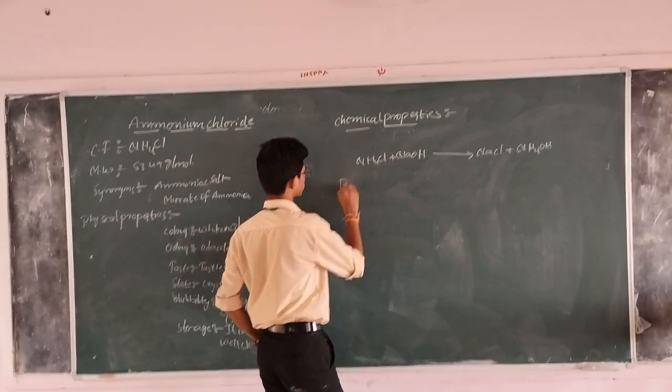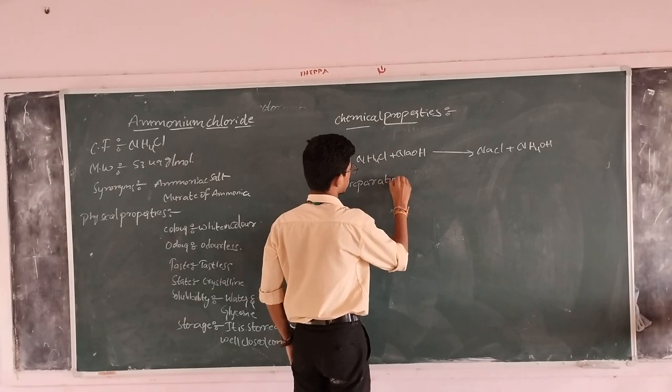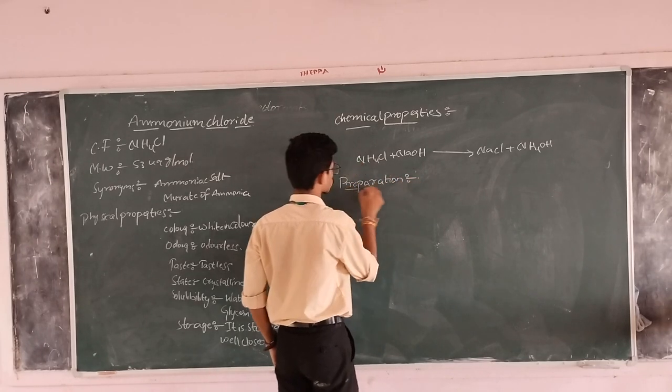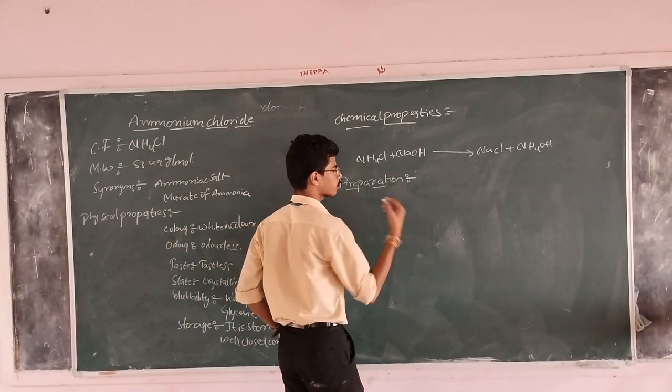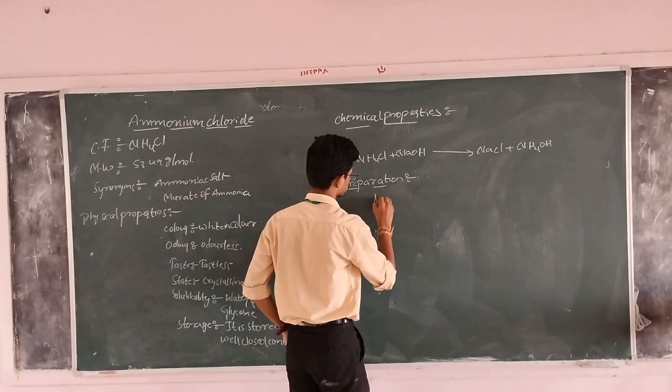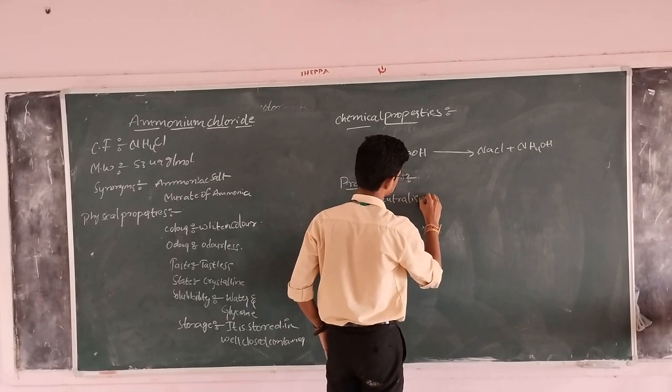And next is the preparation of ammonium chloride. It can be prepared by many methods; we are going to discuss two. The first method is the neutralizing method.